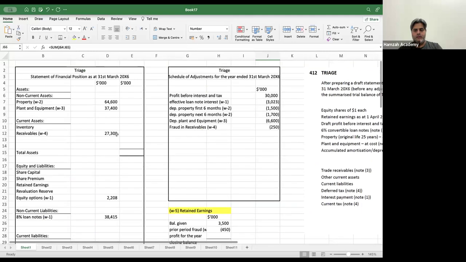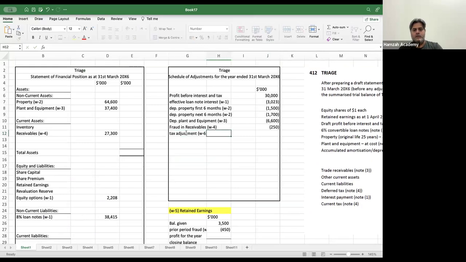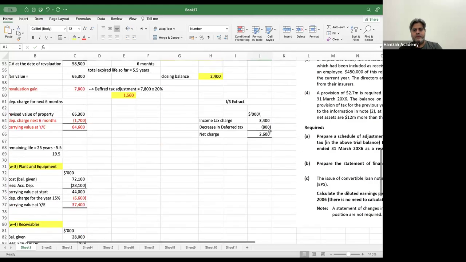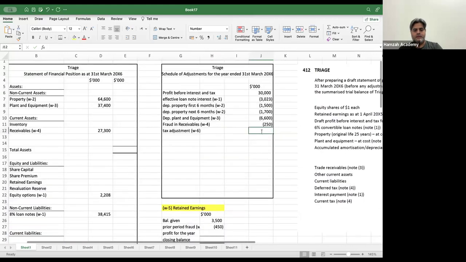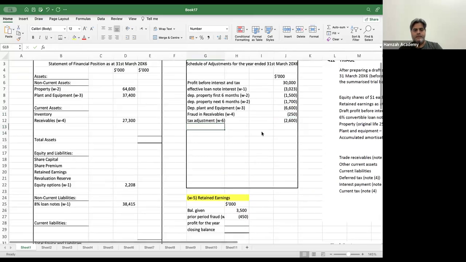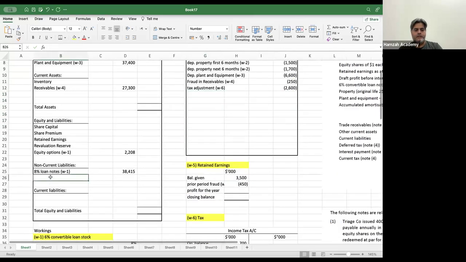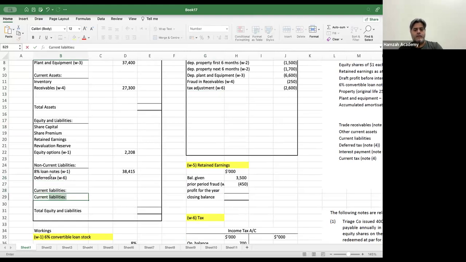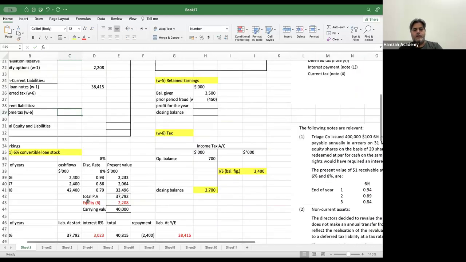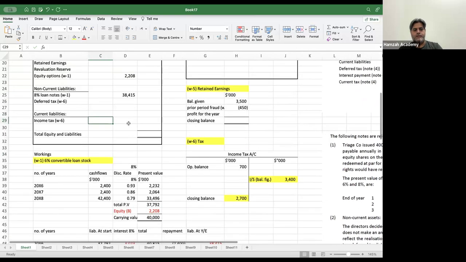Now we are going to have the tax adjustment of 2,600. We have deferred tax, working 6. Not the current tax, rather, let's just say it is income tax. Now, income tax is 2,700.